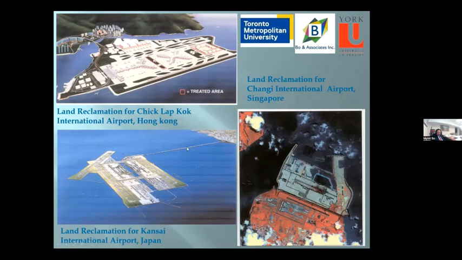The preloading and vertical drains are famous ground improvement methods extensively used in the Changi land reclamation project in Singapore, and to a certain extent in the land reclamation project at Kansai International Airport in Japan, as well as at Chek Lap Kok Airport in Hong Kong.